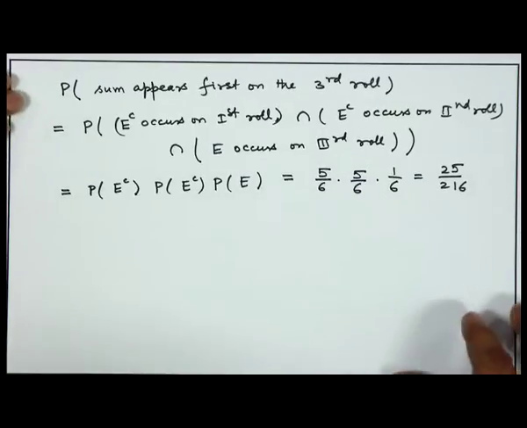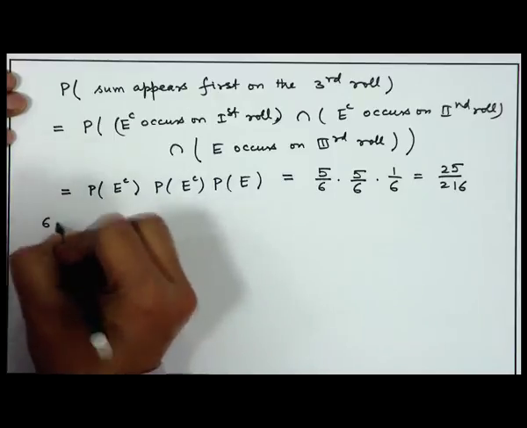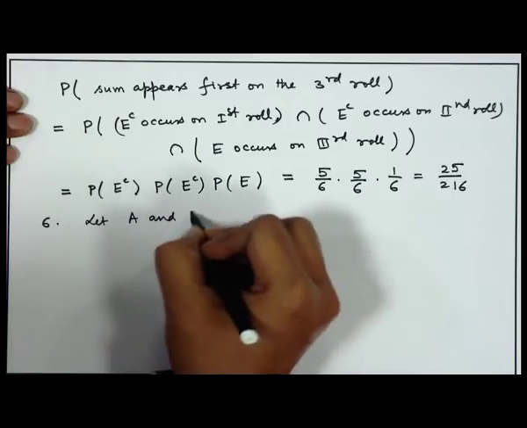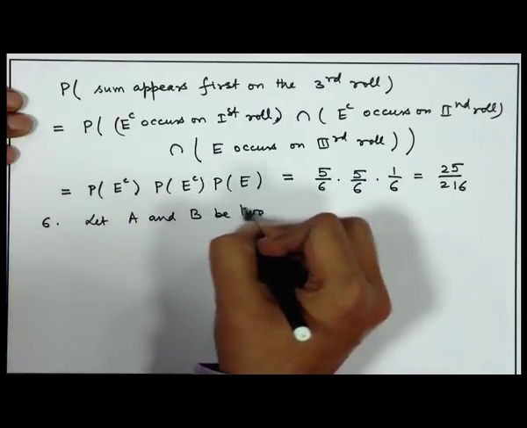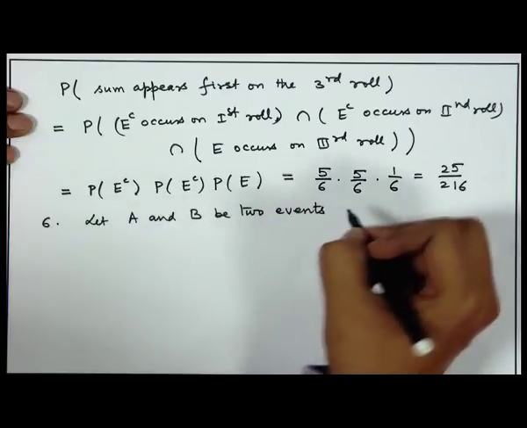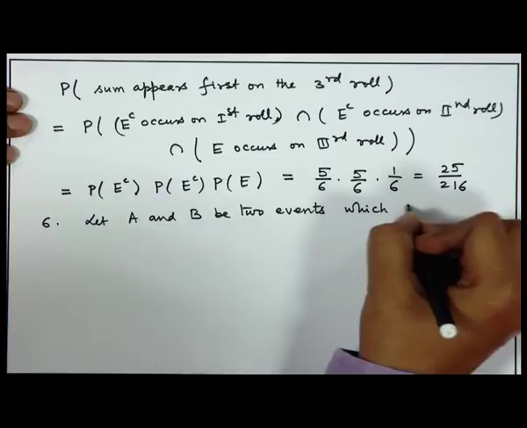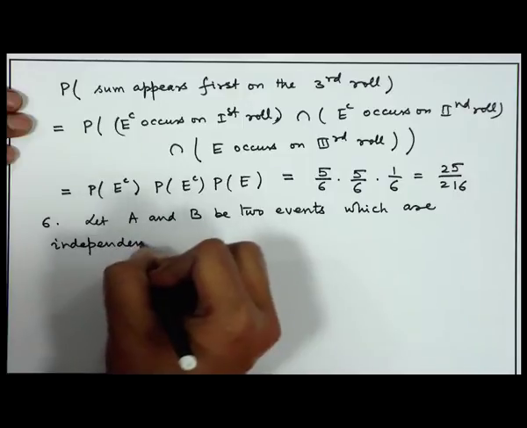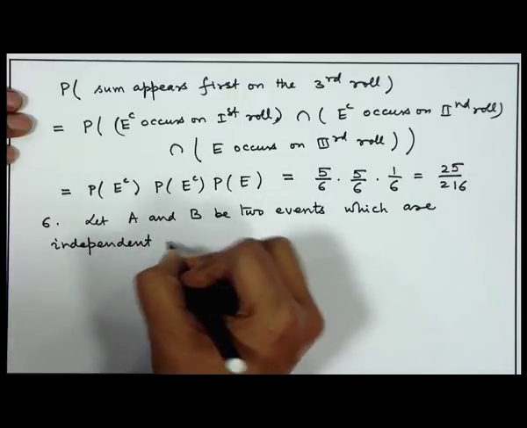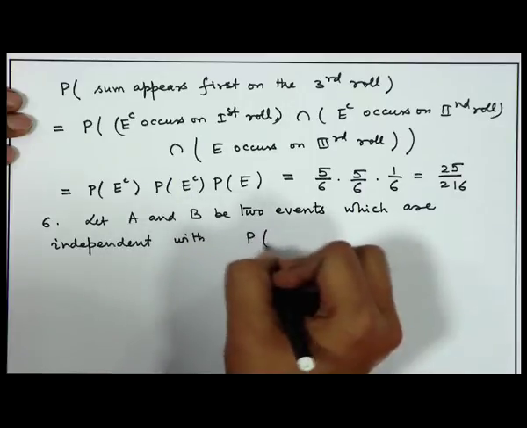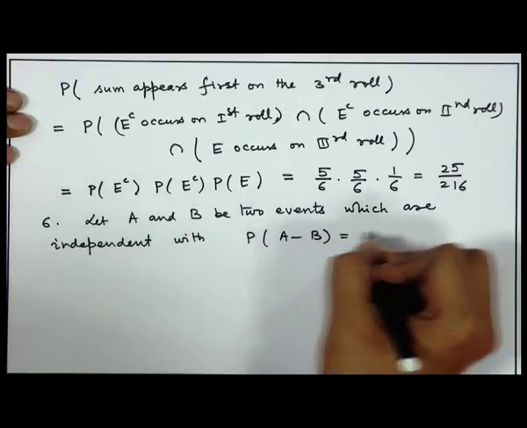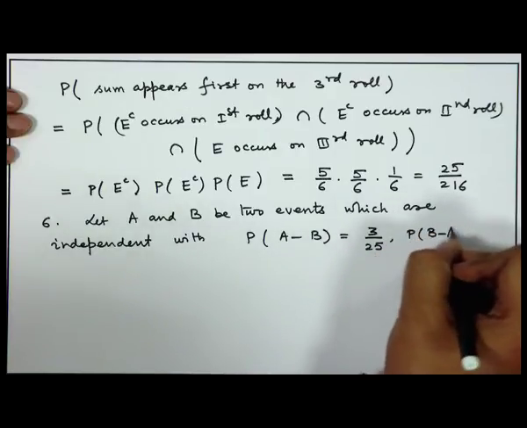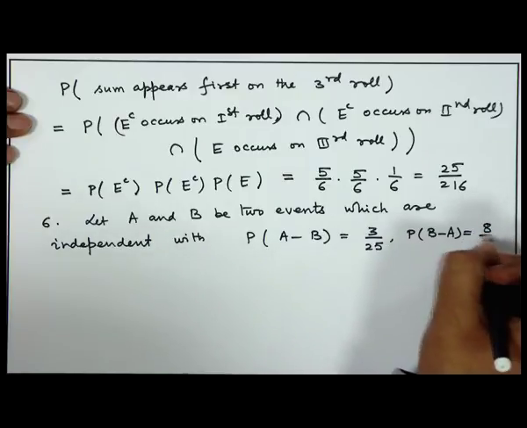Let us look at some further applications of these rules of probability. So, let A and B be two independent events with, say, probability of A minus B equal to 3 by 25 and probability of B minus A equal to 8 by 25.